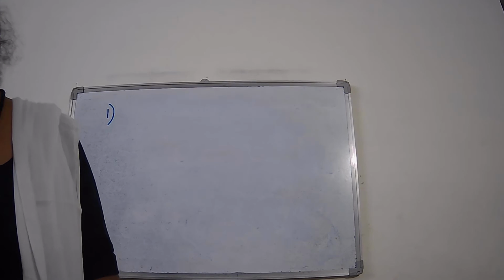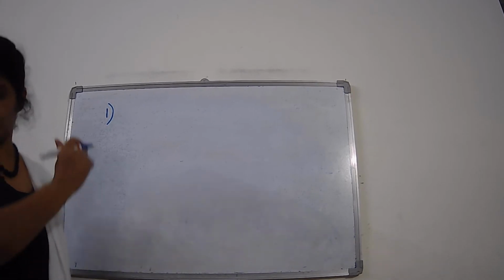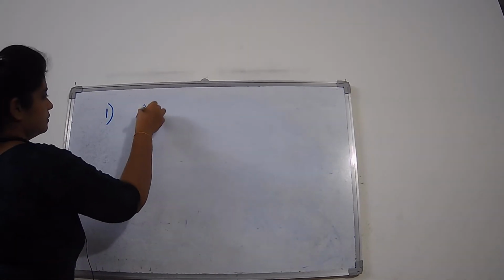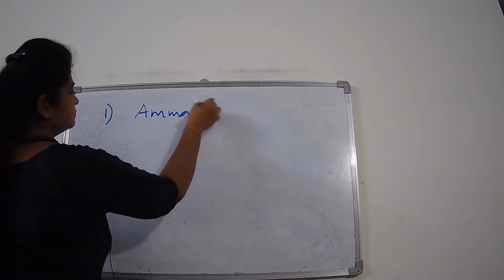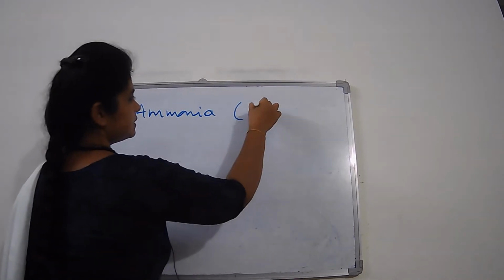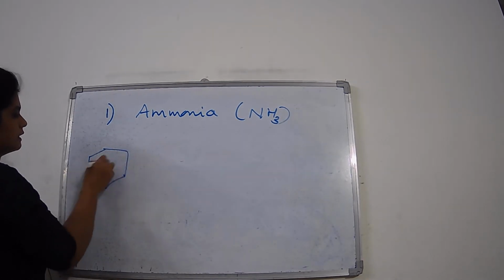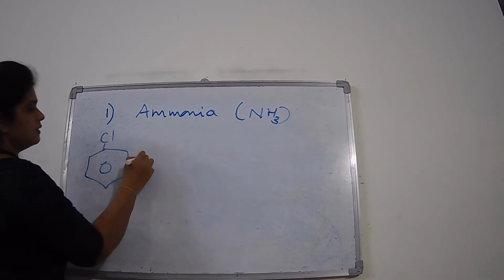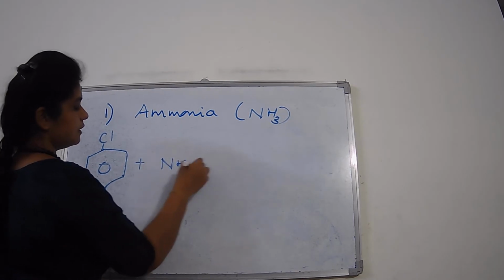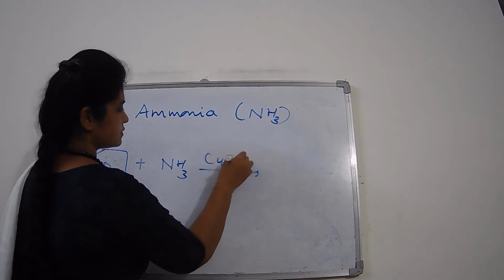Then the next reaction is the reaction with ammonia. Ammonia means NH3. Again it is a simple substitution reaction. We are taking chlorobenzene as a reactant. This chlorobenzene reacts with ammonia in presence of cuprous oxide.